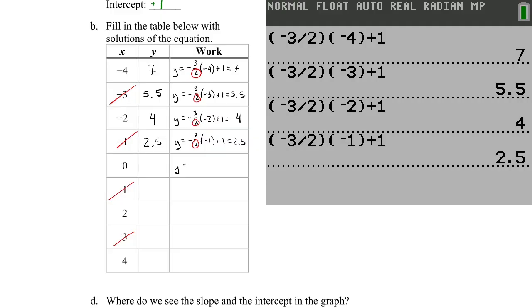So let's see. When x is 0, y is -3/2 times 0 plus 1. Well, I can multiply by 0 in my head. Anything times 0 is 0, plus 1 is 1. Then when x is 2, y is -3/2 times 2 plus 1.